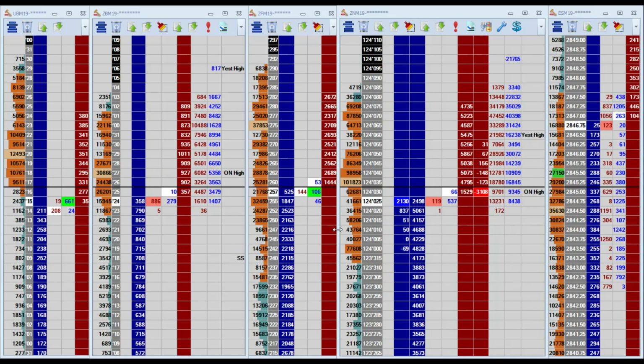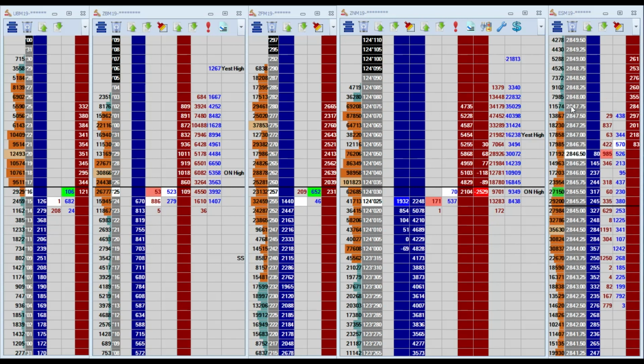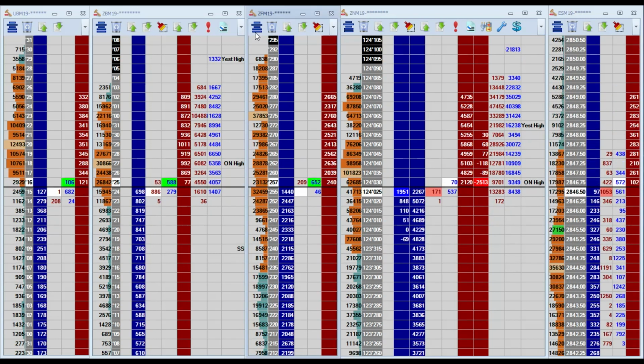So we're back here at this level that we saw the absorption at last time. Prices have kind of stalled a little bit, as far as the selling back down has stalled. We're kind of at a fulcrum here, just above the VWAP over here. If the ES is going to get sold, it probably gets sold right around this area at the value high. We're back down here at the overnight high, which should act as support.